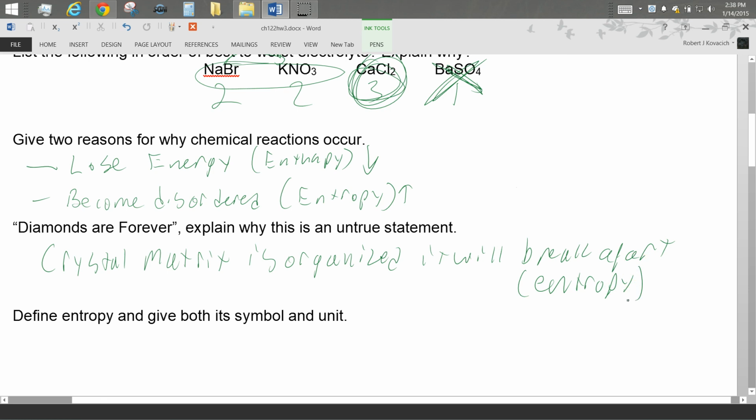So the crystal structure is organized, and because it's organized, nature doesn't like that. So it will break apart, and that's just entropy doing its thing.